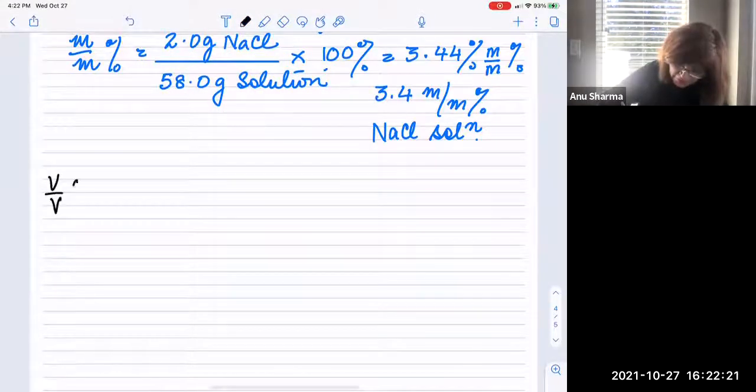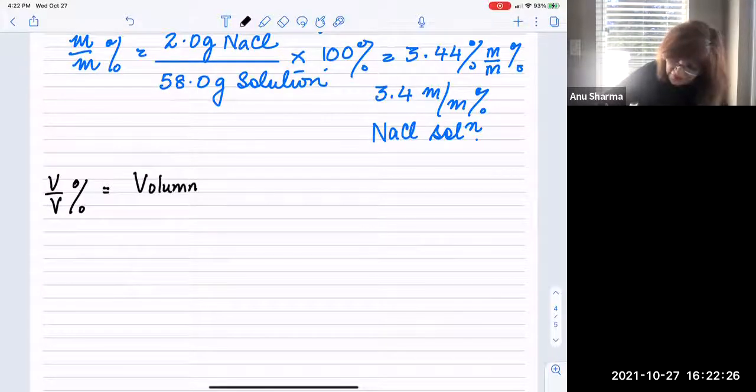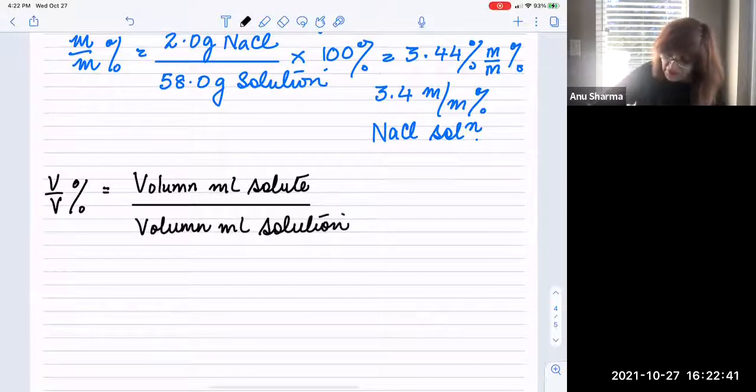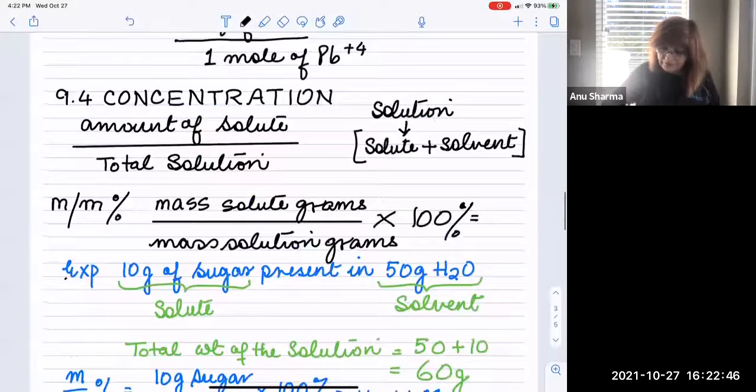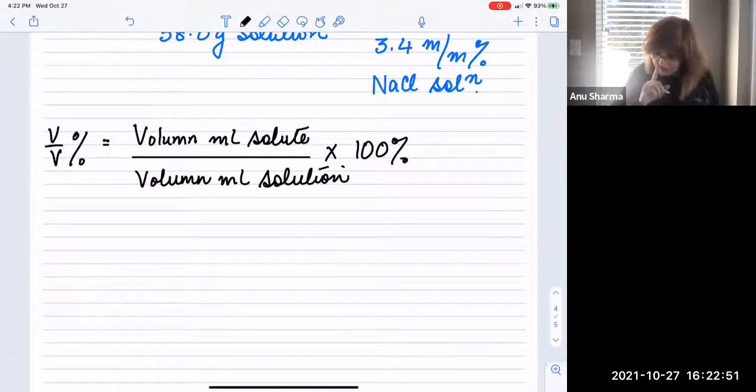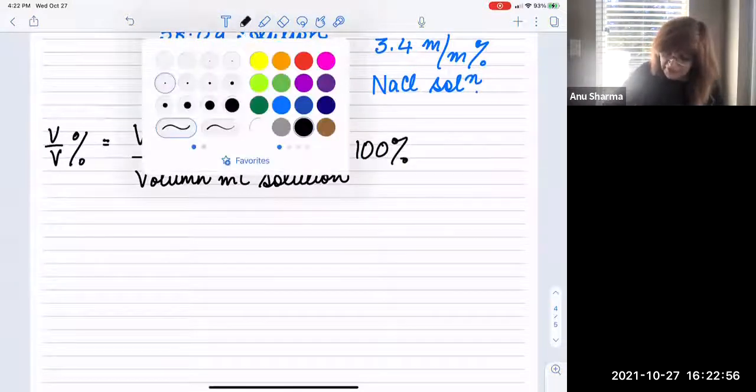So volume by volume percent means the volume in milliliters of the solute over the volume in milliliters of the solution times 100%. Okay, so just like this one. So same thing, solute in solute. Now this volume of the solute could also be in liters, but generally in the labs, we take it in milliliters.